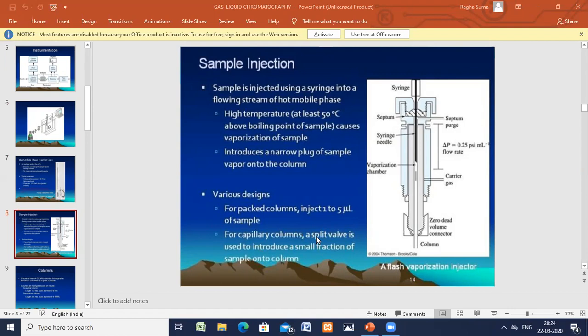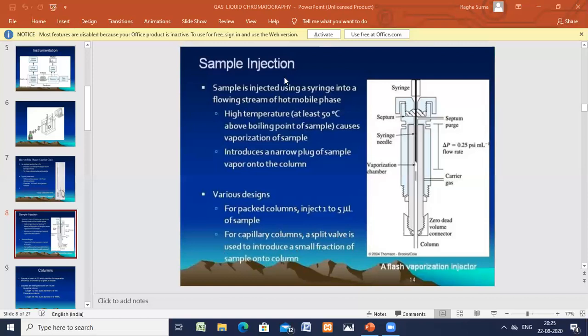For capillary columns, a split valve is used to introduce a small fraction of the sample onto the column.